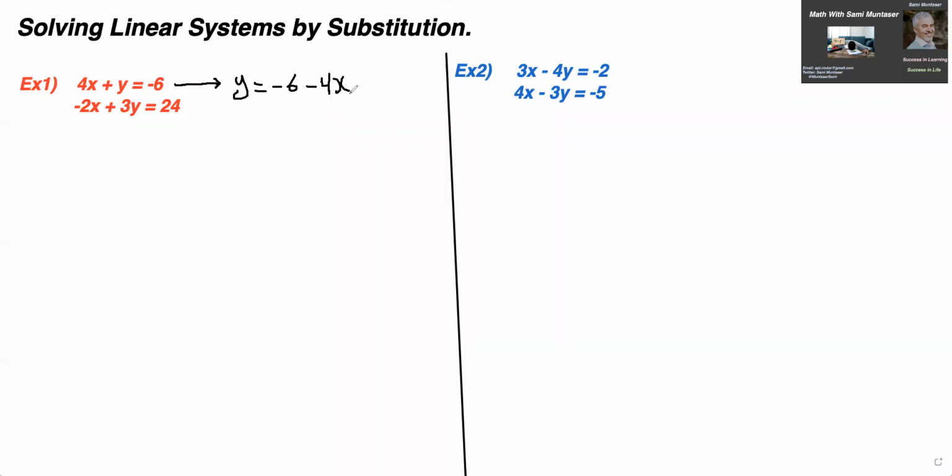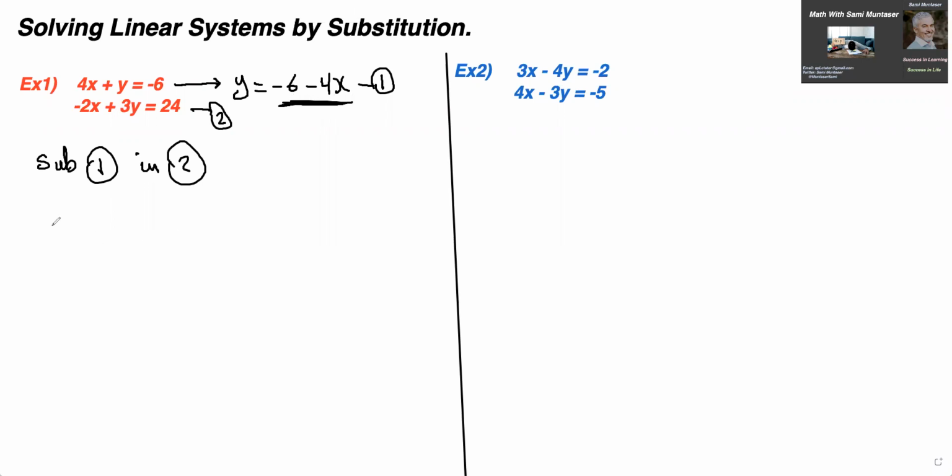Okay, so now if we call this equation 1 and we call the second equation equation 2, what you do, you sub 1 into 2. So what does that mean? You see how y equals -6 minus 4x?